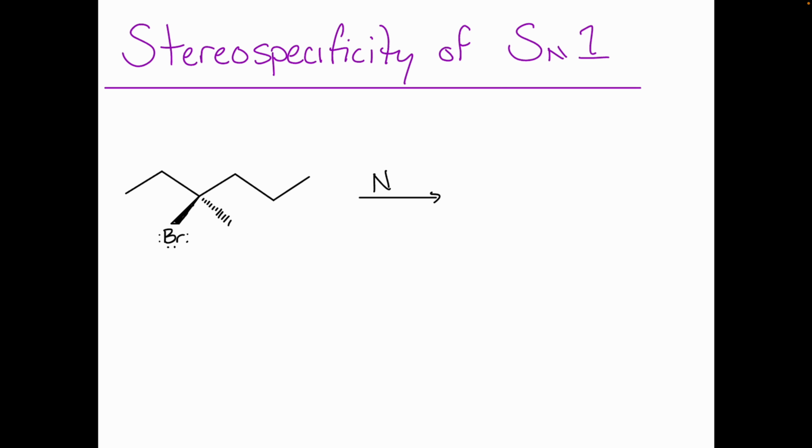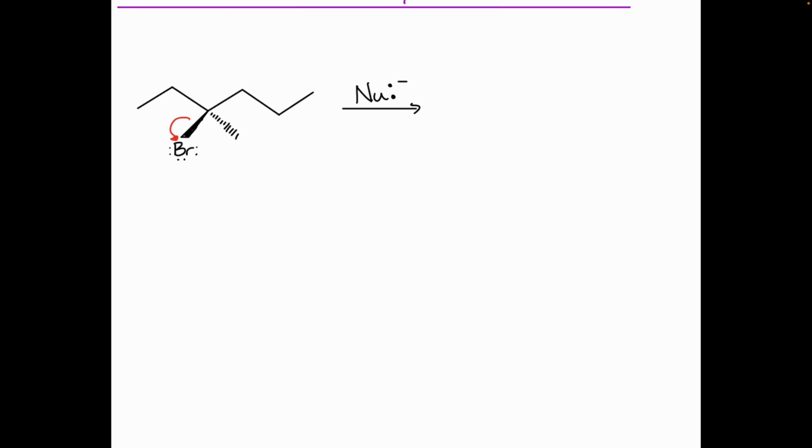All right, we're going to react this with some nucleophile here. But importantly, that first step is kicking off that leaving group. When we form that carbocation intermediate, we've talked about carbocation intermediates and their stereospecificity.